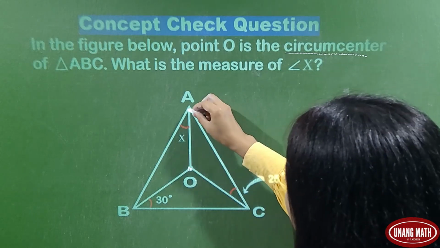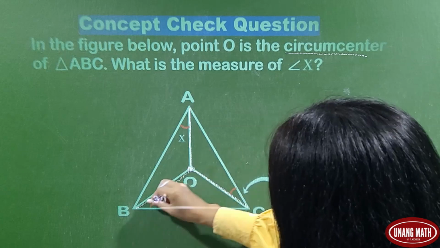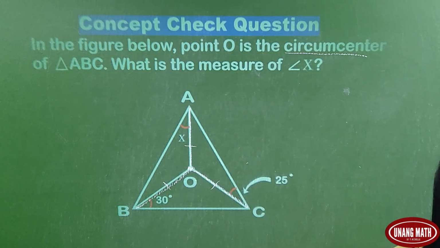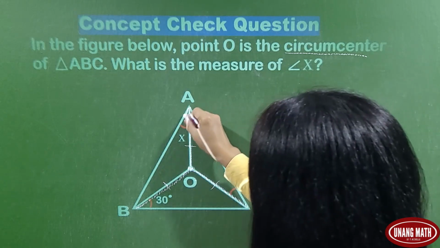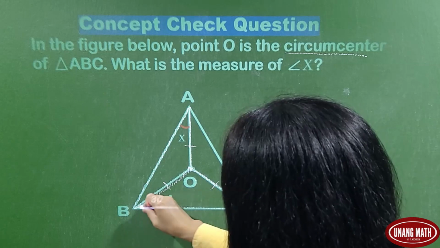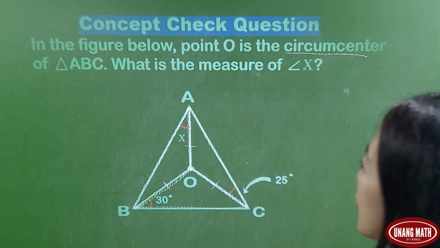Meaning from here to here, this segment and this segment, these are all equal in length. So we have here an isosceles triangle, and another isosceles triangle.